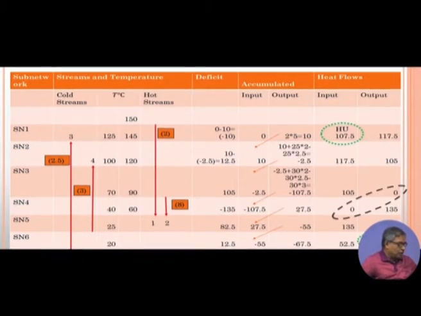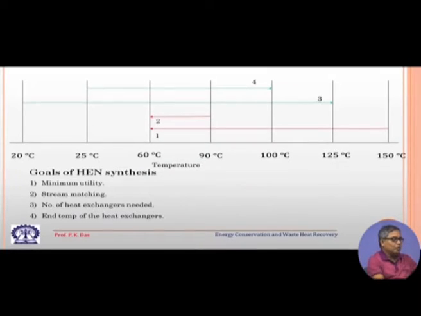Before going to the table, let us go to these 4 streams. So, you see in the problem, if we have combined these 4 streams, then we have certain temperatures. This is the lowest temperature of the heat exchanger network. This is some in-between temperature which has been specified by the problem.